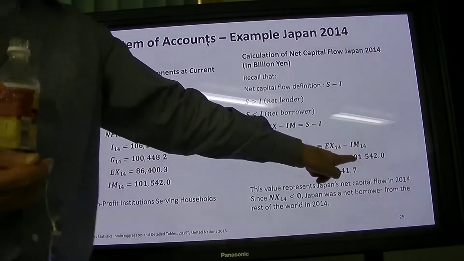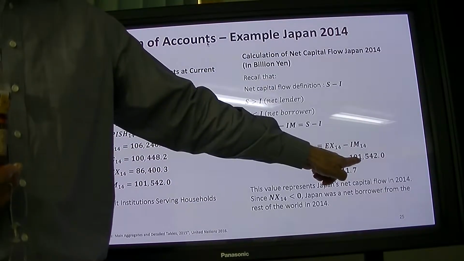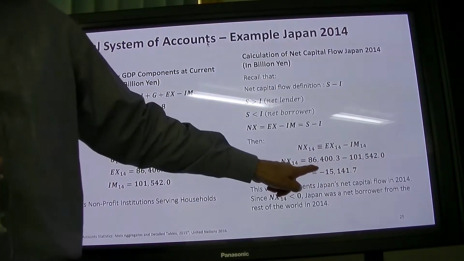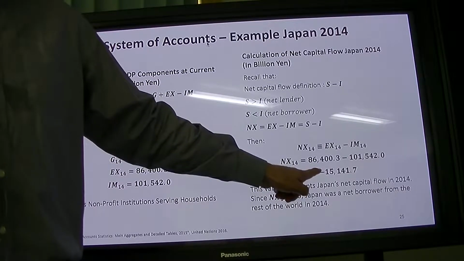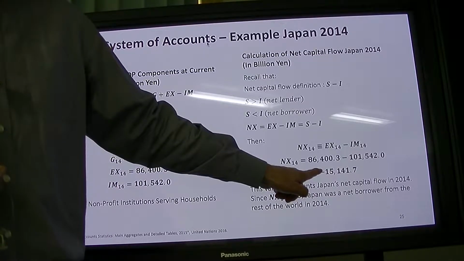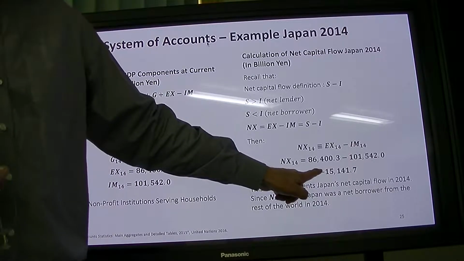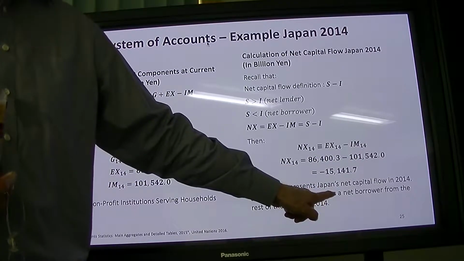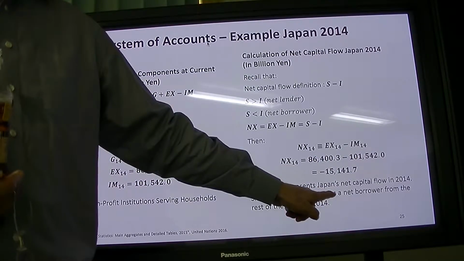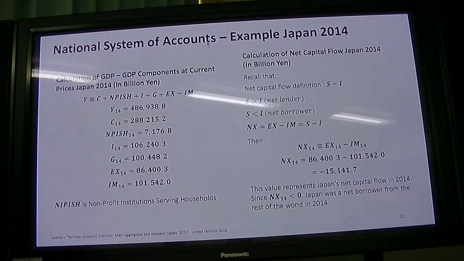The businesses still need to make investments, but the investments aren't covered by domestic savings because of the aging of society. So that is very likely the proper way to interpret this figure. Okay? So keep that in mind as we go through each one of these accounts.